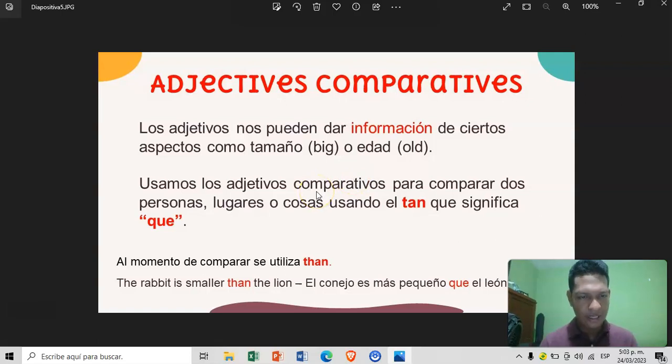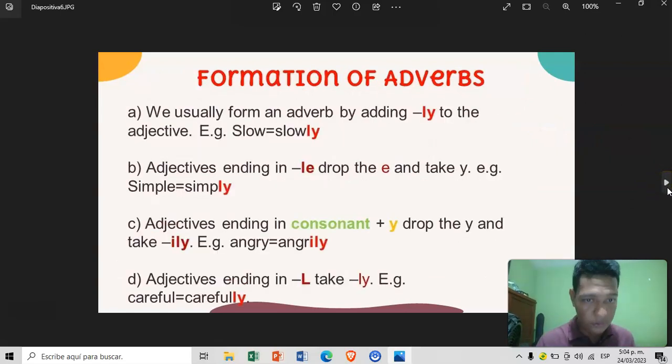In this case, we are going to write er on the word small, because this is a rule. That is a rule that we need to know to make the correct comparative using adjectives.